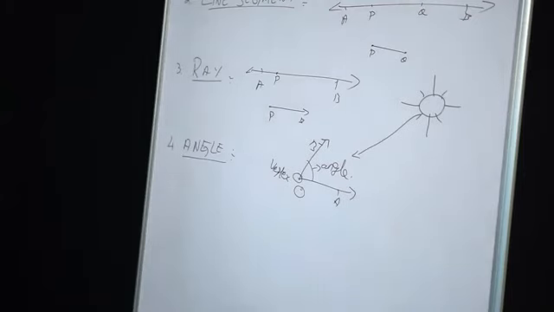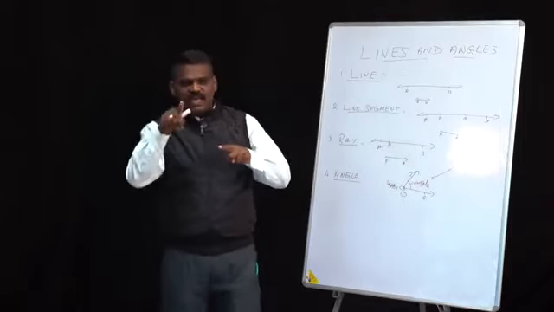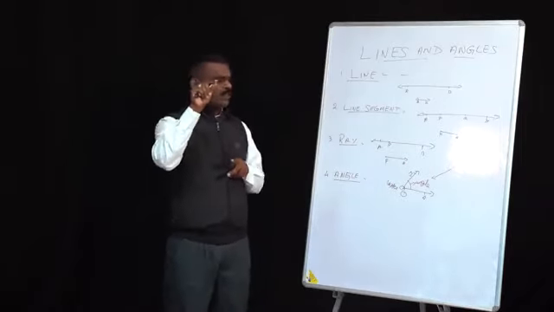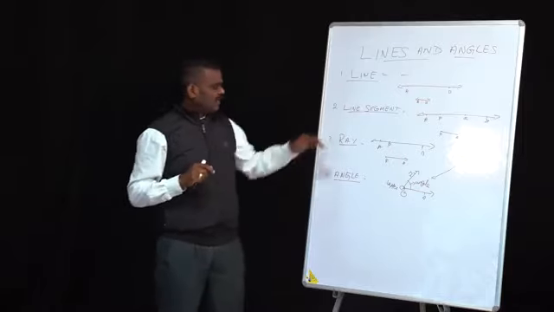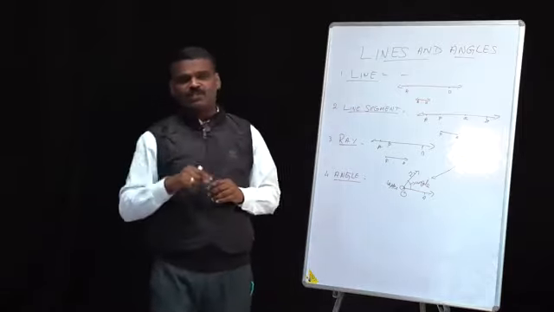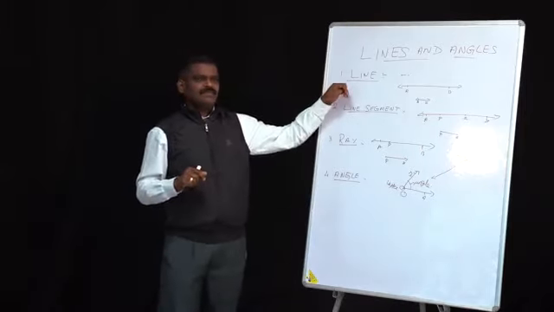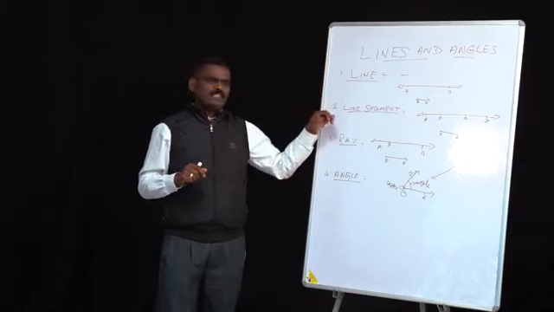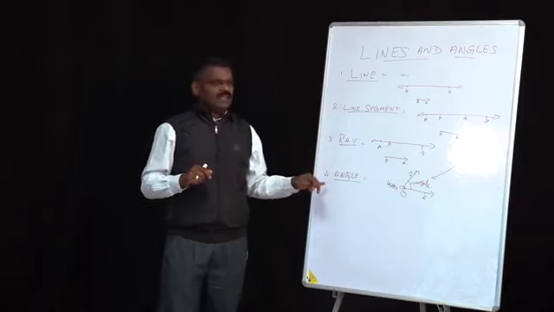So, angle means when the starting points of two rays come together, they form an angle. The junction, the meeting point, is called vertex. So, we will learn 4 basic points: one is line, another is line segment, then ray, then angle.